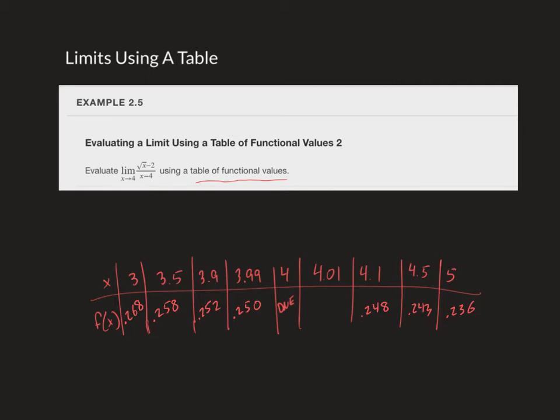And finally, when I substitute 4.01, I get 0.2498. When I round that like I've been rounding, that's going to bump it up to 0.250. Okay, so it looks like when I get closer and closer to 4, from both below and from above, we're getting closer to 1/4.